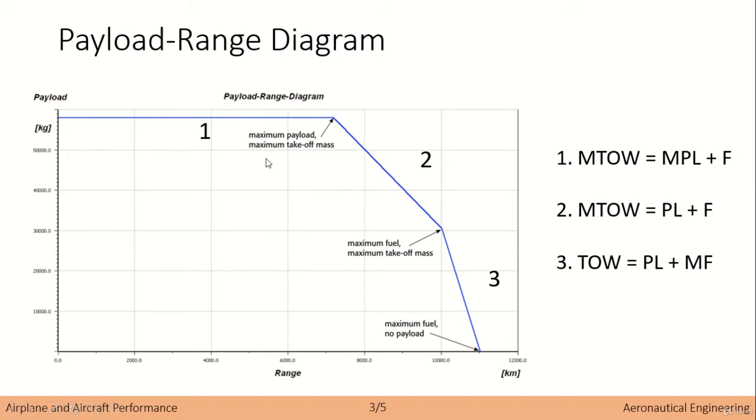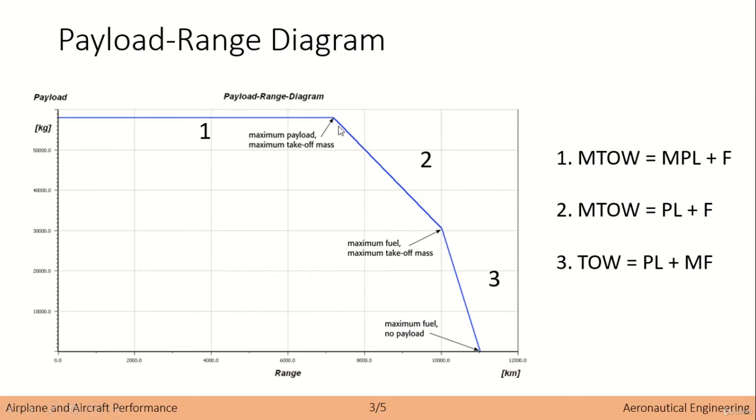So, in order to cover this range, in the case of 0 kilometers, you will need zero fuel, right? If you want to cover 2000 kilometers, for instance, in this aircraft, you will need more fuel. Not a lot of fuel, but more fuel than zero. If you want to cover 4000 kilometers, you will need an increase of fuel, 6000 kilometers, whatever.